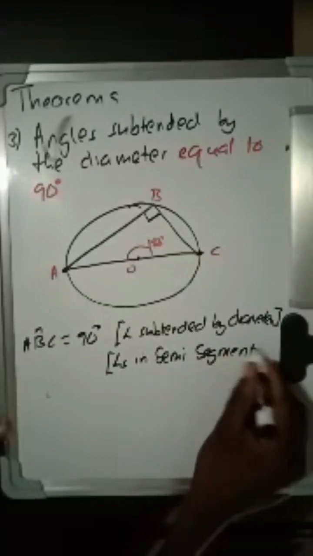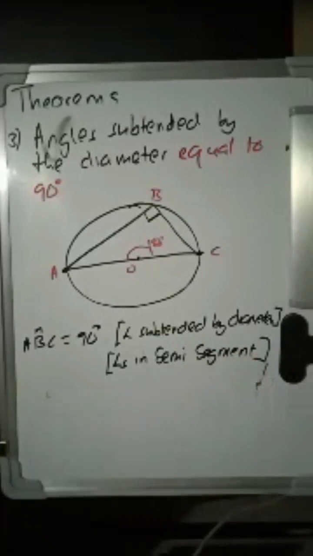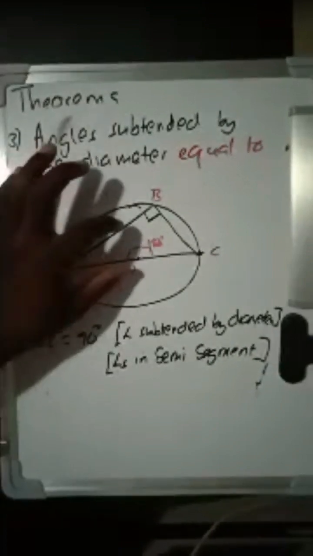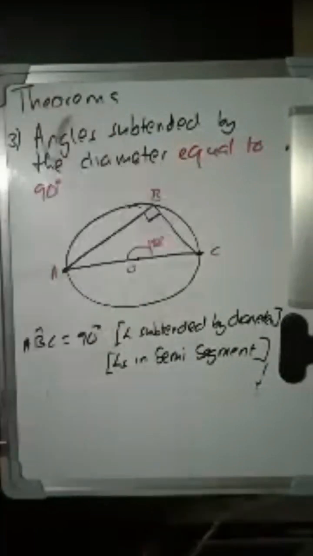Many people confuse same segment and semi segment. Semi segment means half circle and also half circle. So the angles that are in a half circle are 90 degrees. Those are the angles subtended by the diameter. Okay, so we move on to the next one.